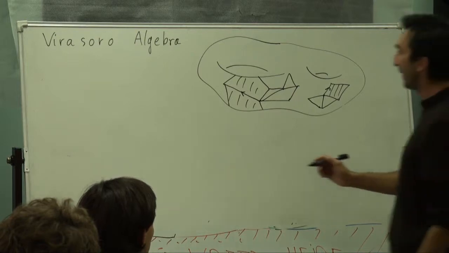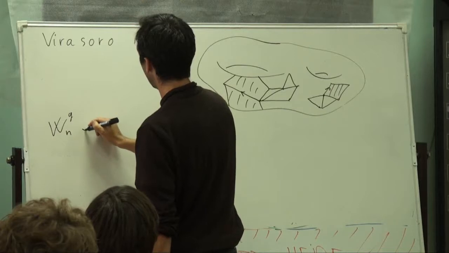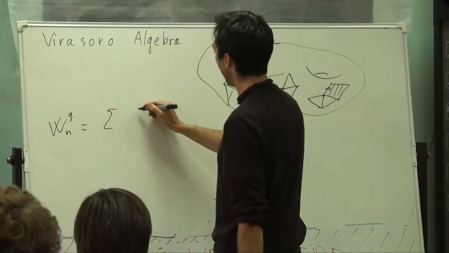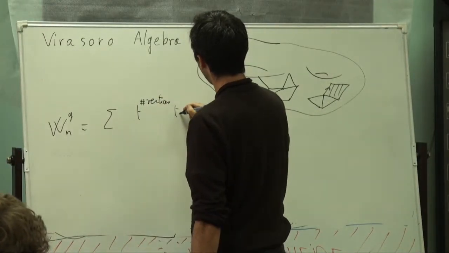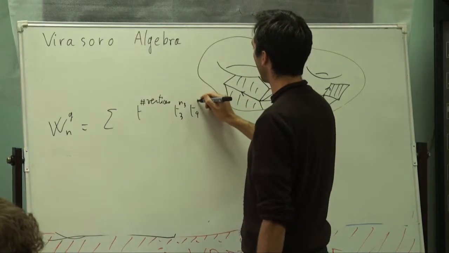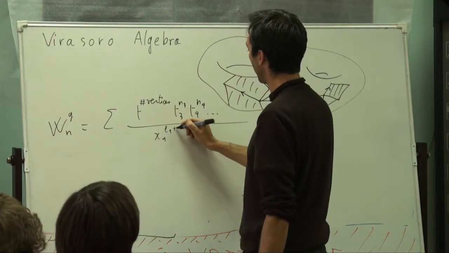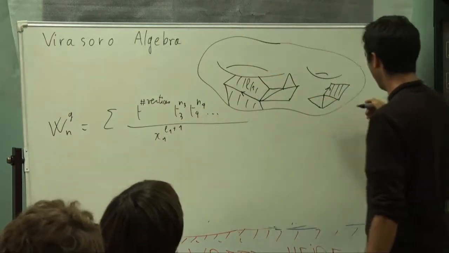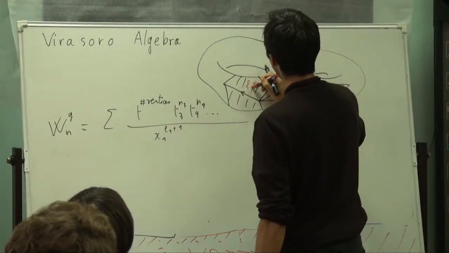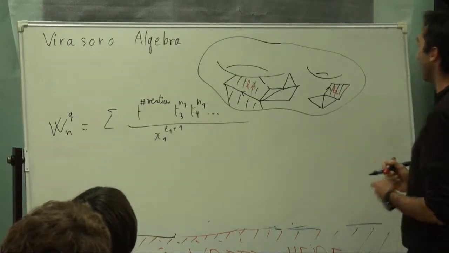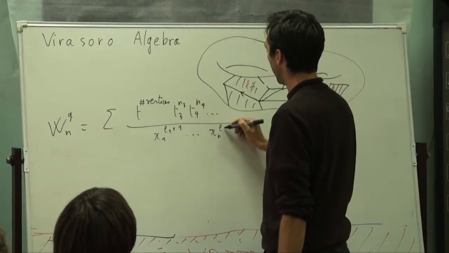And so I remind you I defined two generating functions. One was W_n^g, which was the sum over t to the number of vertices, t3 to the number of triangles, t4 to the number of quadrangles, and so on, divided by x1 to the length of the first marked face, L1, plus 1, L2, and so on, xn to the Ln plus 1.